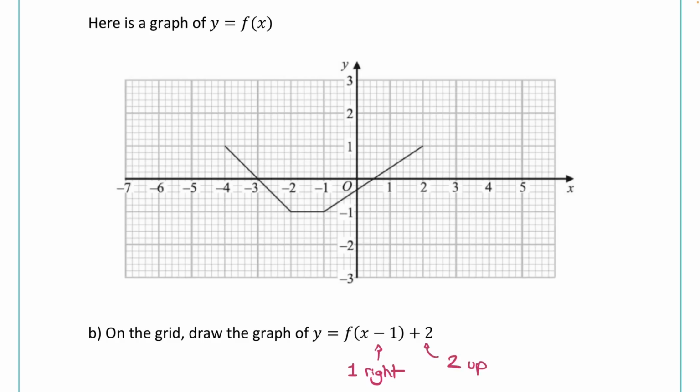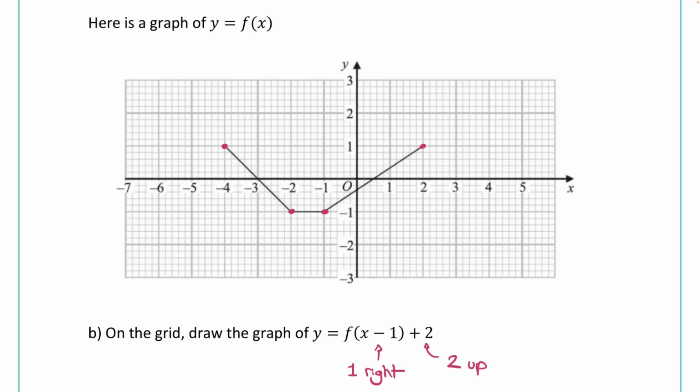So in order to do that, we need to find some nice coordinates. There's one here, there's another one here, one there, and then this end point just here. And all we want to do is either move them all right and then all up, or each point we can go right by 1, up by 2, and just draw that in.